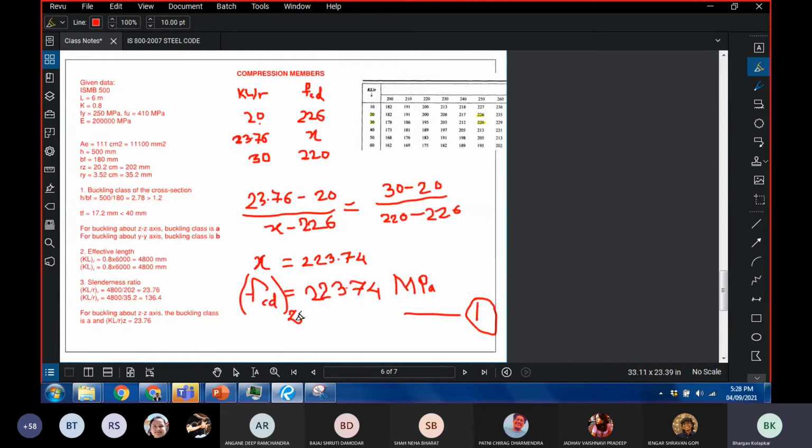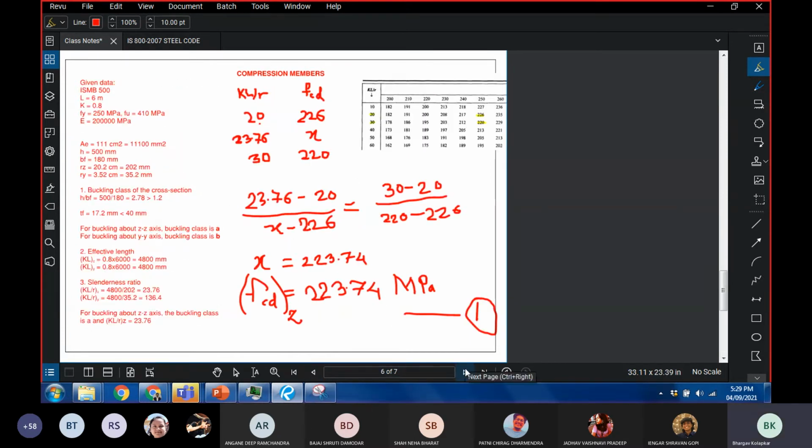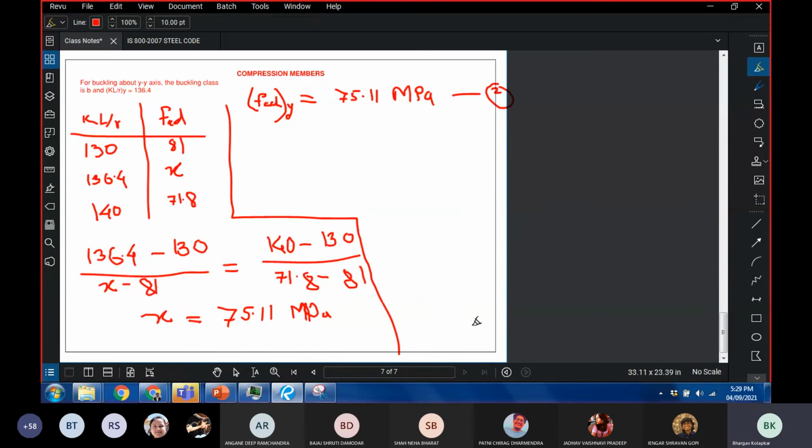If you compare these, the first value is much greater than the second value. What does that mean? It means that it would probably buckle about the y-axis because the value is much smaller. Exactly. It means that buckling about the minor axis happens at a lesser value of actual load.